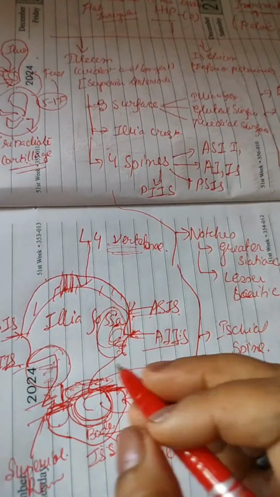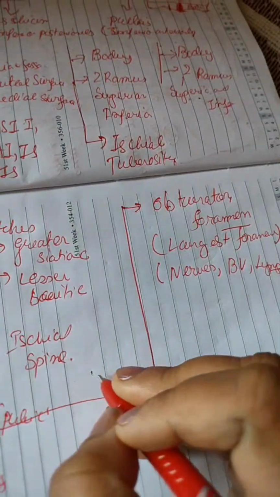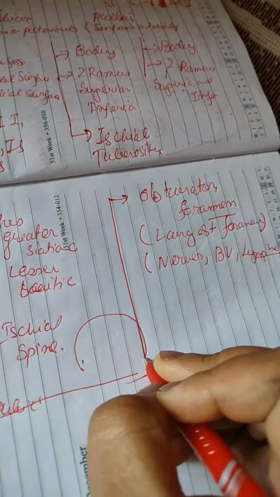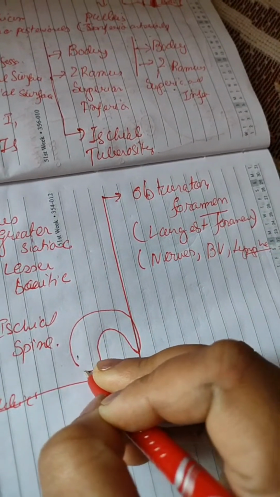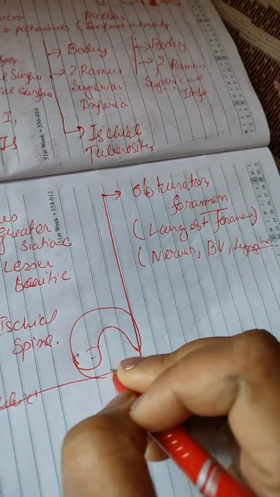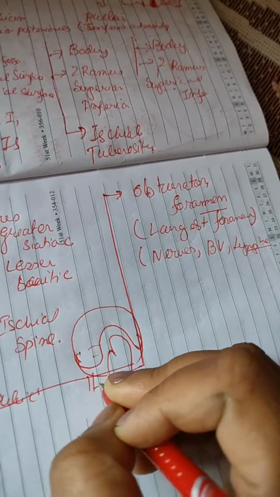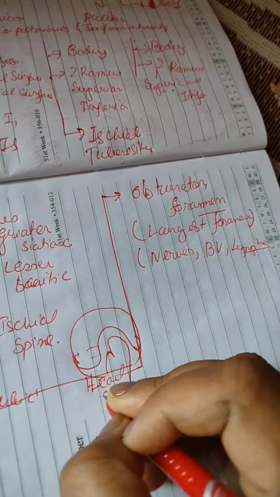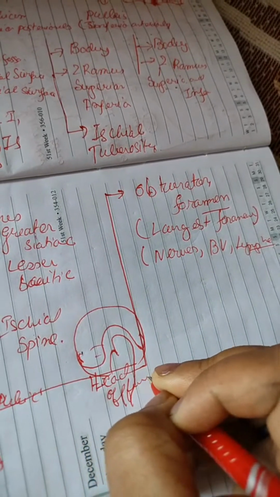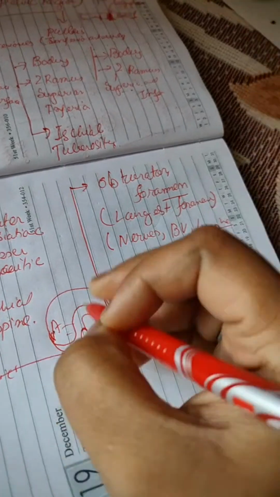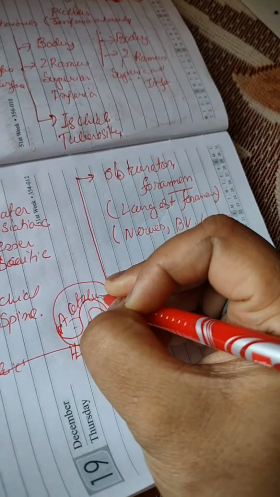And just above, I'll show you here, a half moon, cup-shaped structure where the head of the femur gets attached, and this area is known as the acetabulum.